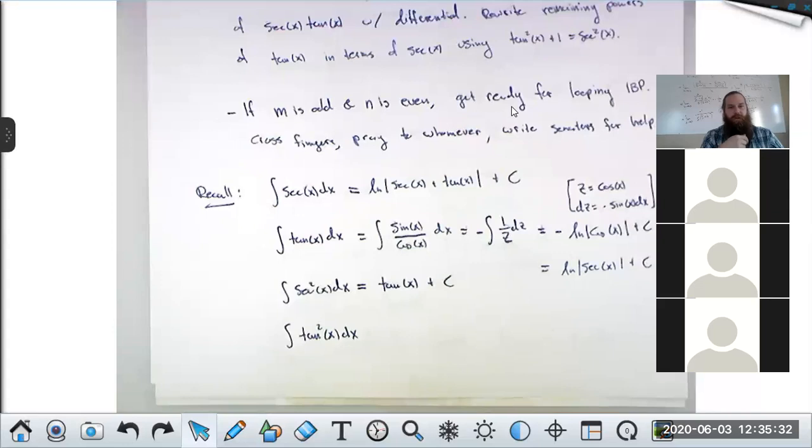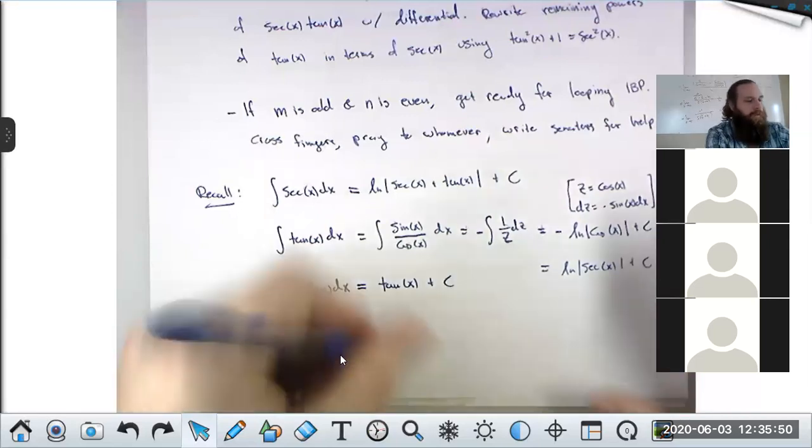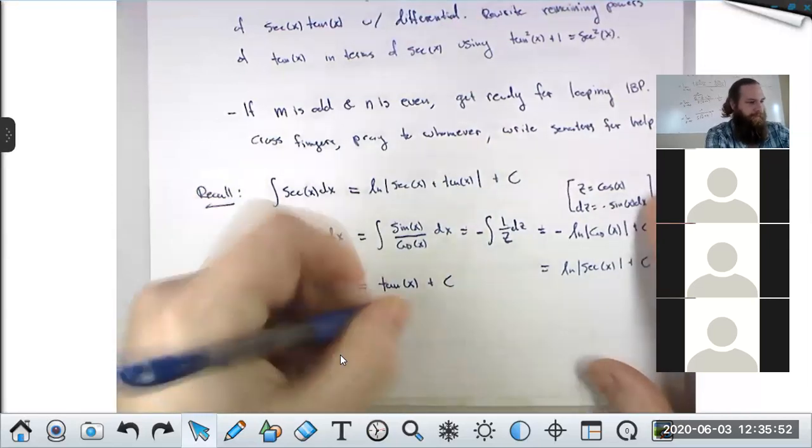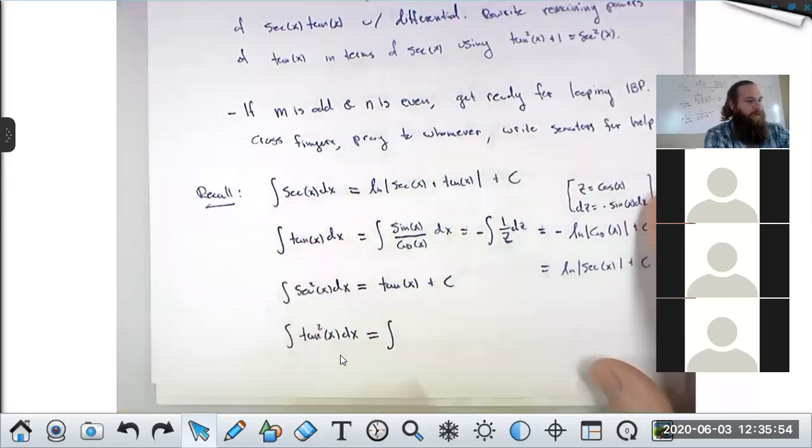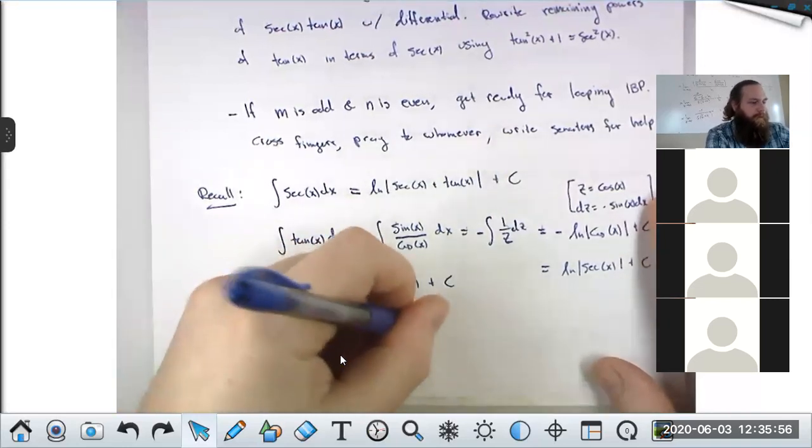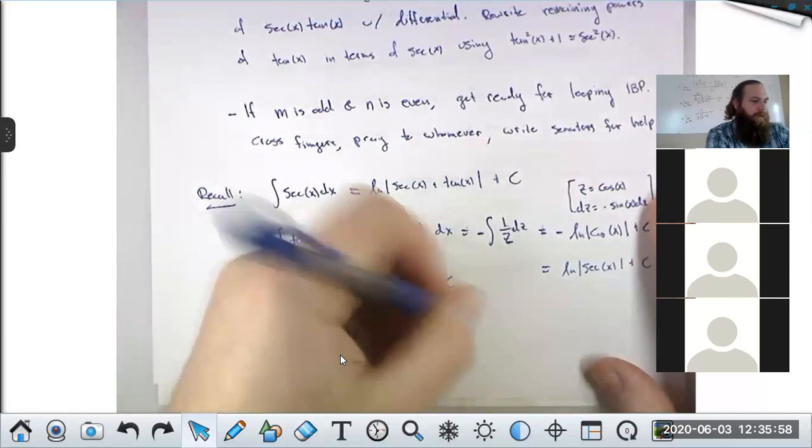This one's a little funny, but it's not funny like the integral of secant is funny. It's not bad. Not quite secant. The derivative of secant is secant tangent. But if I use Pythagoras, tangent squared is the same as secant squared minus 1.